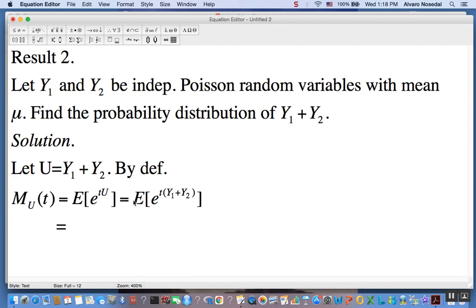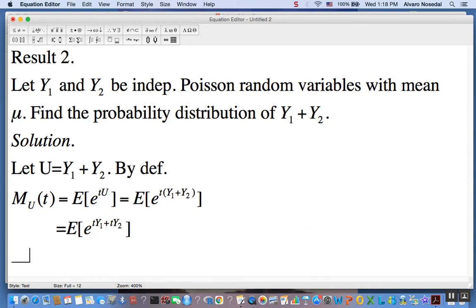Next, let's do a little bit of algebra. So let's work a little bit on that exponent, that's the same as t times y1 plus t times y2. Let me get rid of that bracket. I don't want it anymore. There we are.